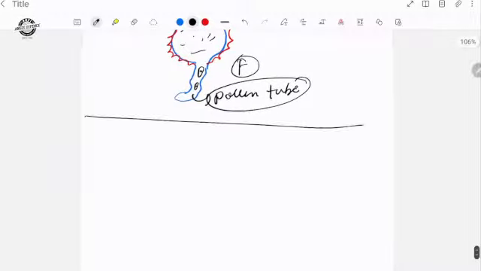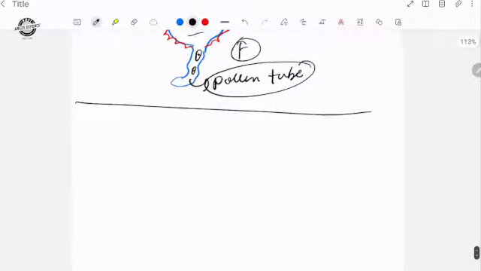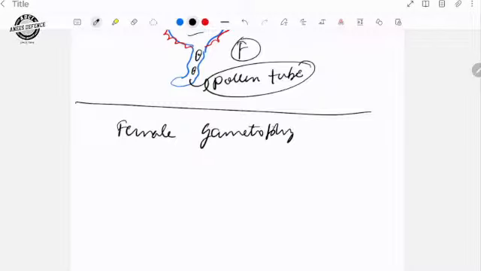Now, after that, you understood the male gametophyte. Now you have to understand the female gametophyte. It will be very easy, it will become very easy if we understand the male gamete formation and female gamete formation.